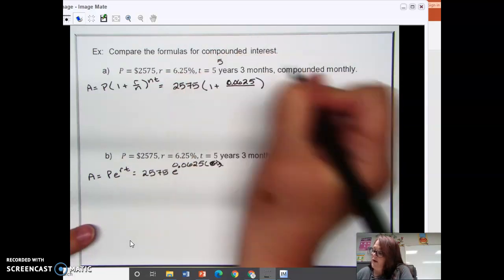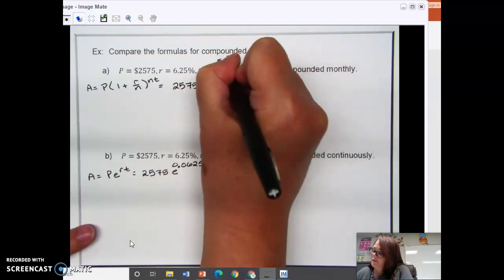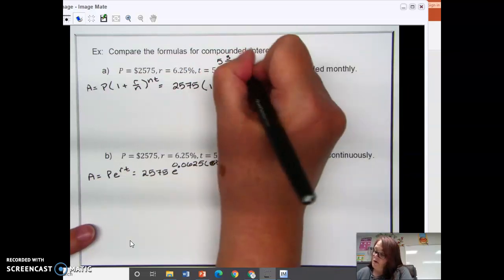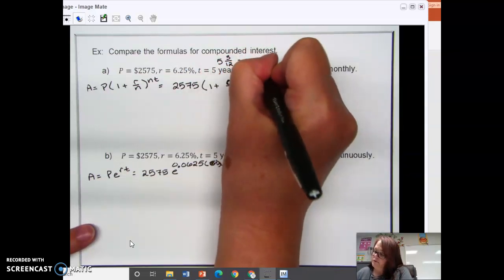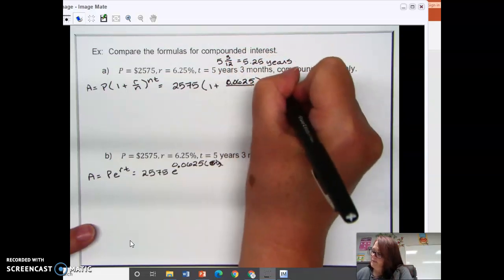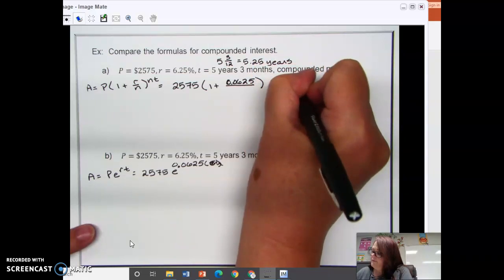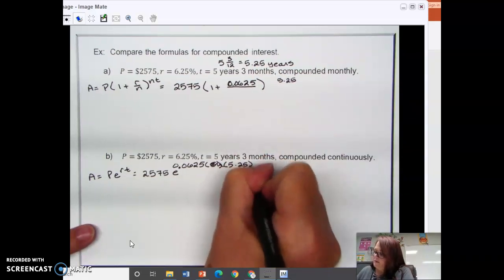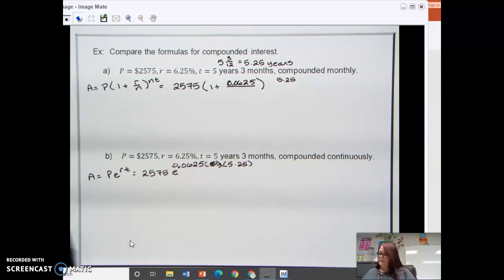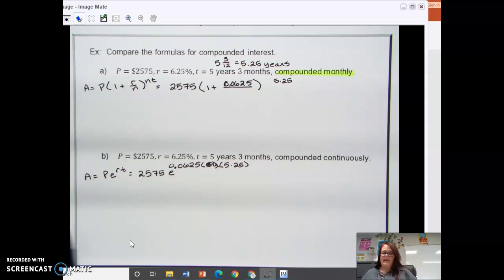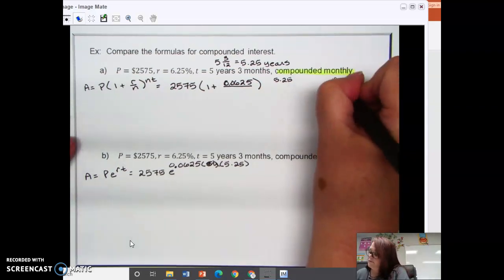So that's going to be 5 and 3/12 if we want to talk about years, because there's 12 months in a year. Or we could call that 5.25 years. And so that's going to be up here, 5.25 years, and same here, 5.25 years. Sorry about the little mess right there. And then this top one says compounded monthly. So that means that my n value is going to be 12.